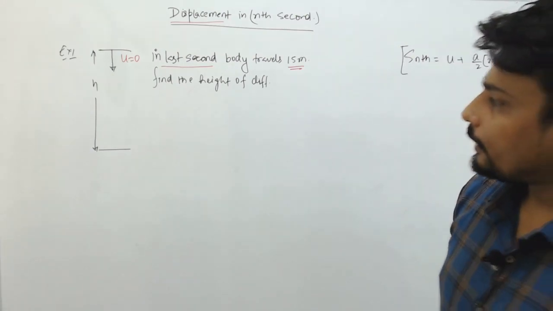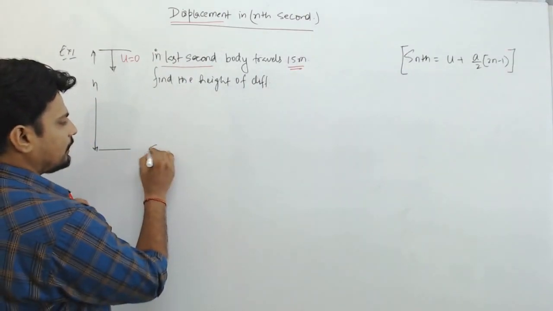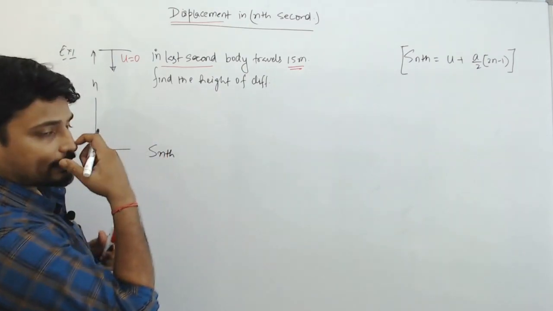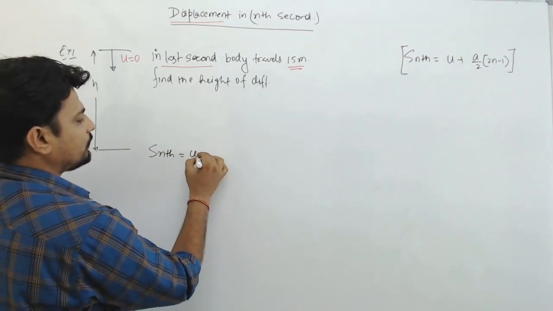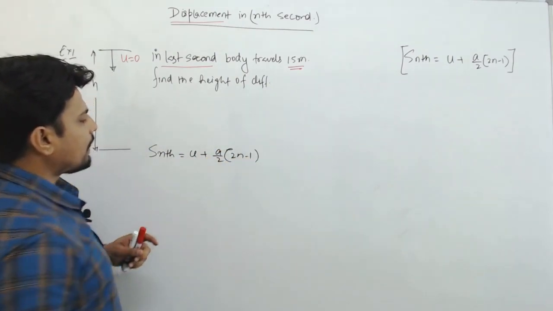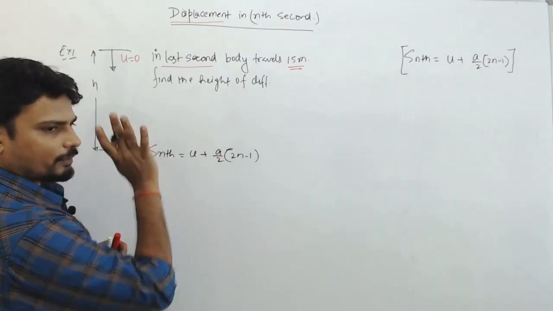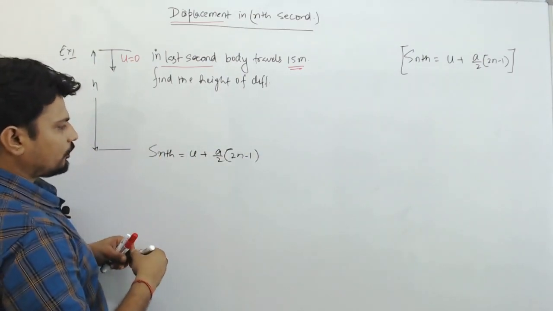So, in the last second, it travels how much? We know displacement in nth second is how much? Your u plus a upon 2 times 2n minus 1. I do not have the value of n. Rest everything is known to me.